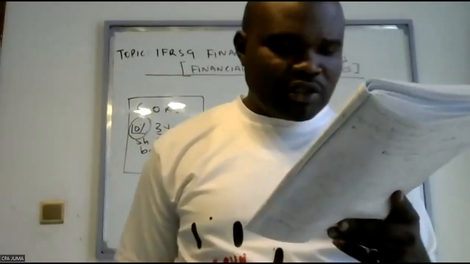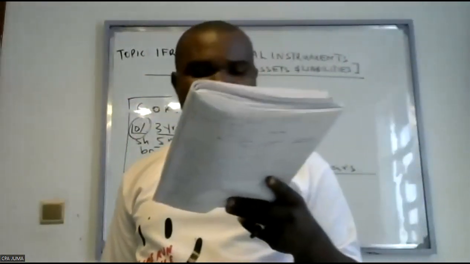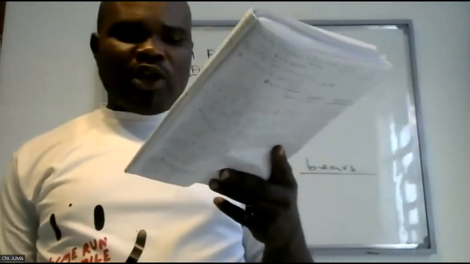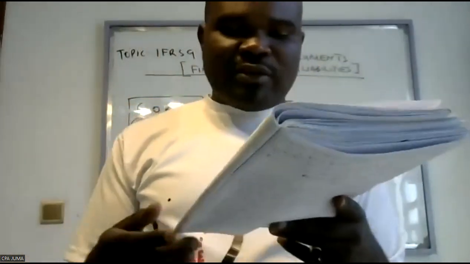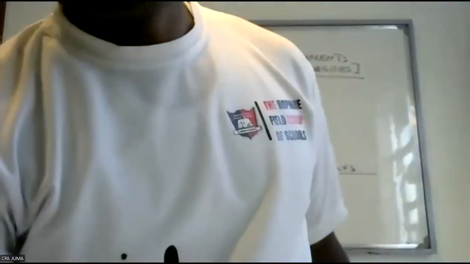The effective market interest rate for similar bonds was 10%. The bond is due to mature on 31st December 2019. Required, calculate the equity component to be recognized in the books of ABC Limited on 31st December 2015.